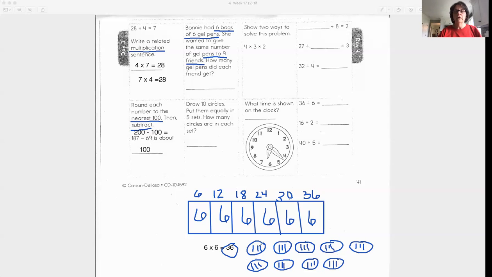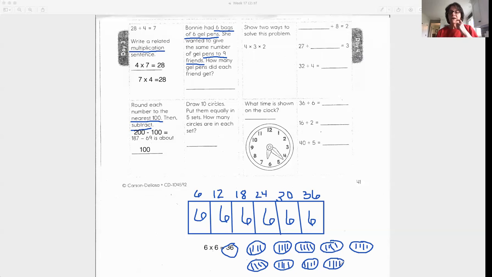I've got to keep going. 28, 29, 30, 31, 32, 33, 34, 35, 36.